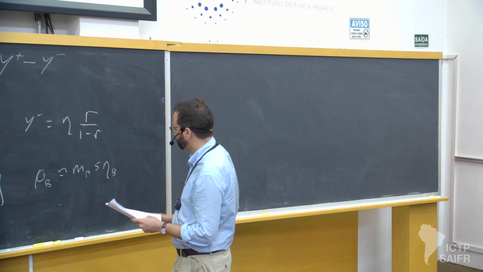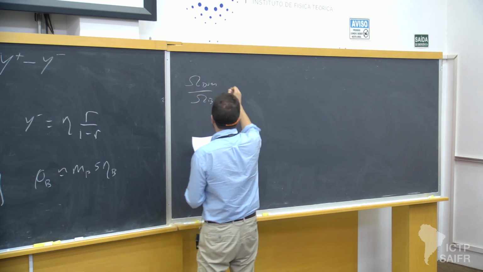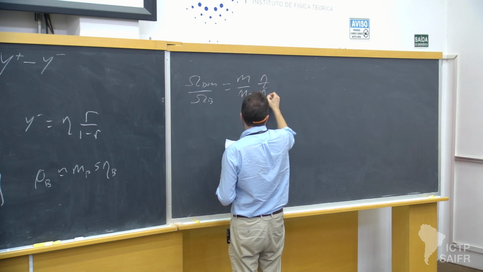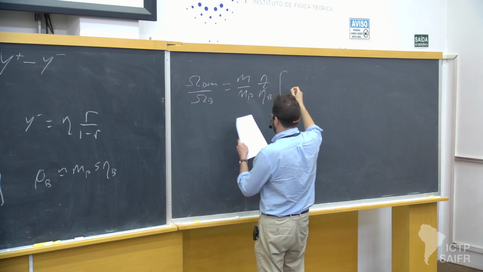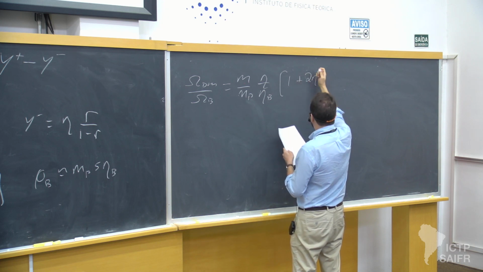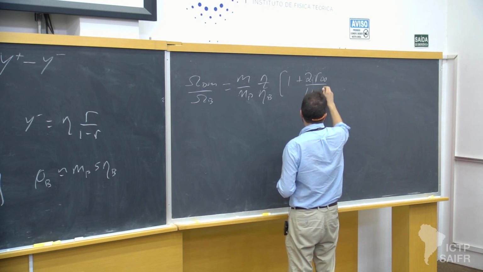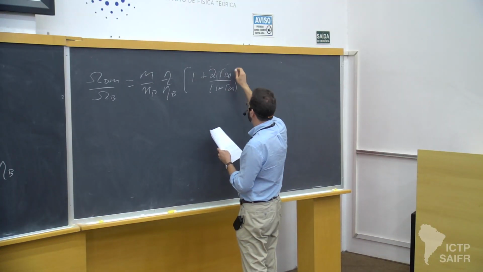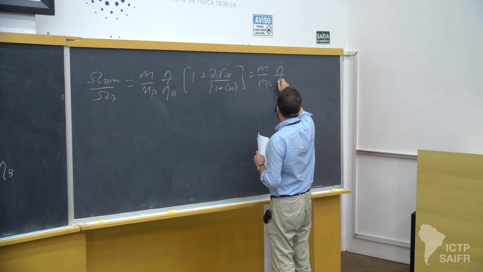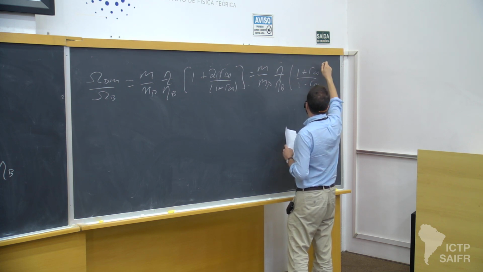So our task now is, okay, so the observational constraint, if you like, is that omega dark matter over omega baryon is the dark matter mass over the proton mass, eta on eta B, and then some corrections allowing for finite R, R infinity on 1 minus R infinity, okay?